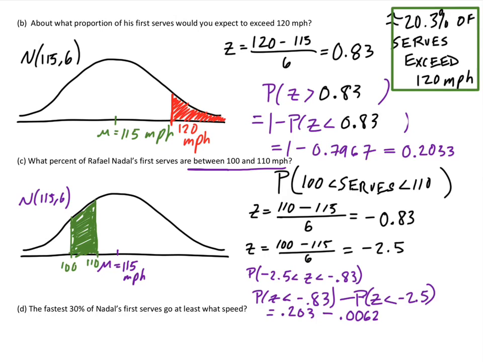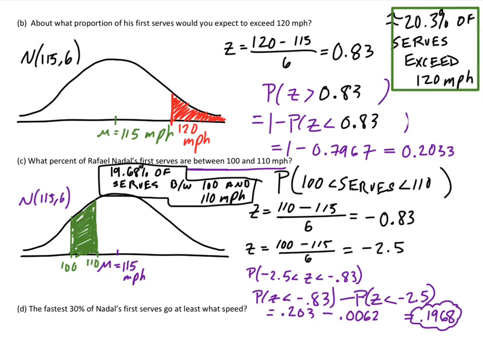So for a grand total of the stuff in that green interval, which is 0.1968. Questions so far? Answered in context, 19.68% of serves are between 100 and 110.